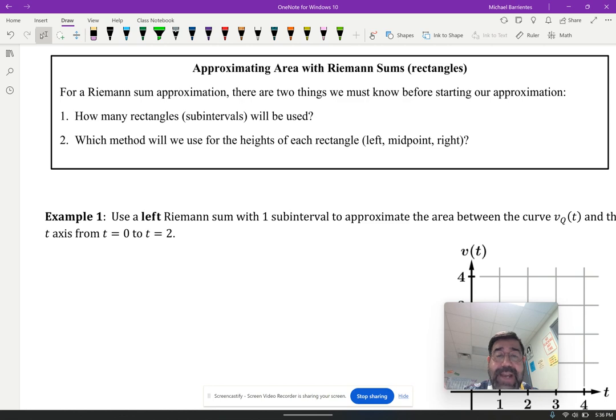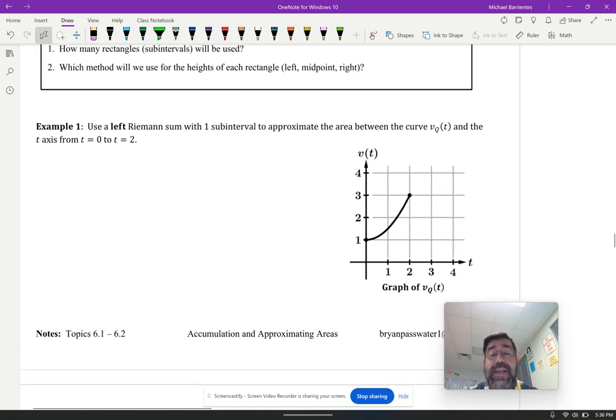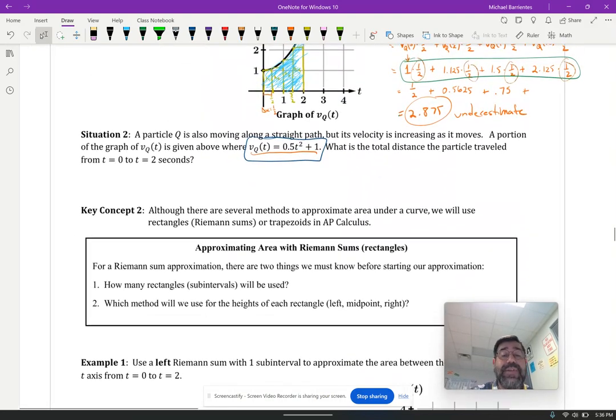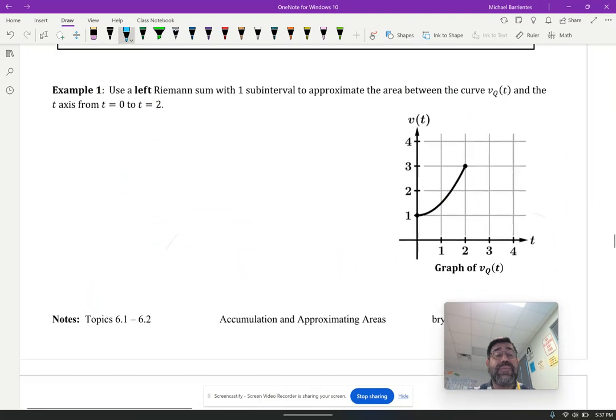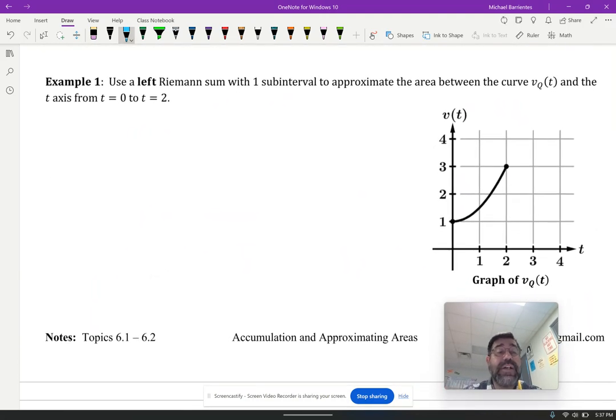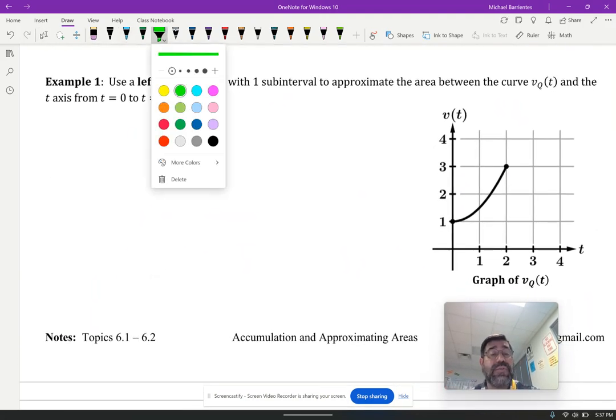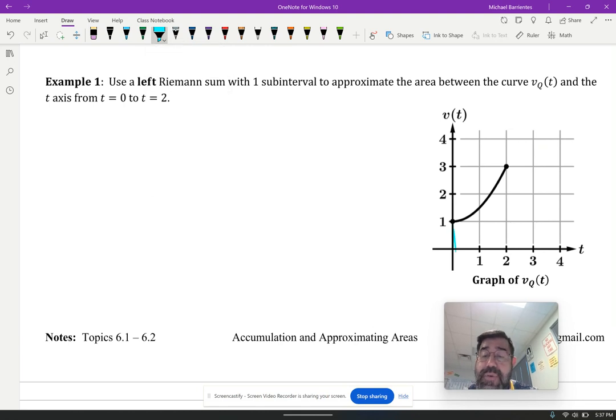So let's dive in and let's take a look at, again, this is the same curve, VQ of t. Remember, we had established that VQ of t has a formula. So our job now is to approximate the area under the curve. And you know what? I'm going to change it to blue highlighter here. So this is what we want, right?